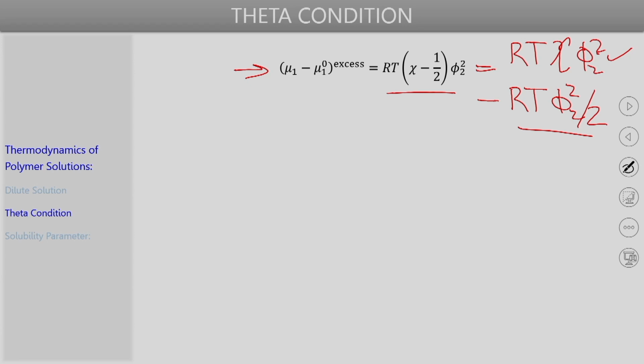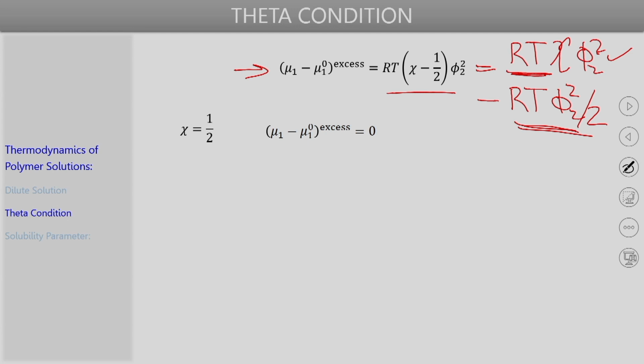So, the second term, which is always negative, arises due to entropic effects, and the first term, which is mostly positive but can be negative also depending on the sign of the chi parameter, captures the contact term, or the effect of intermolecular interactions. Now, under certain special conditions, these two terms can balance each other in a polymer solution.